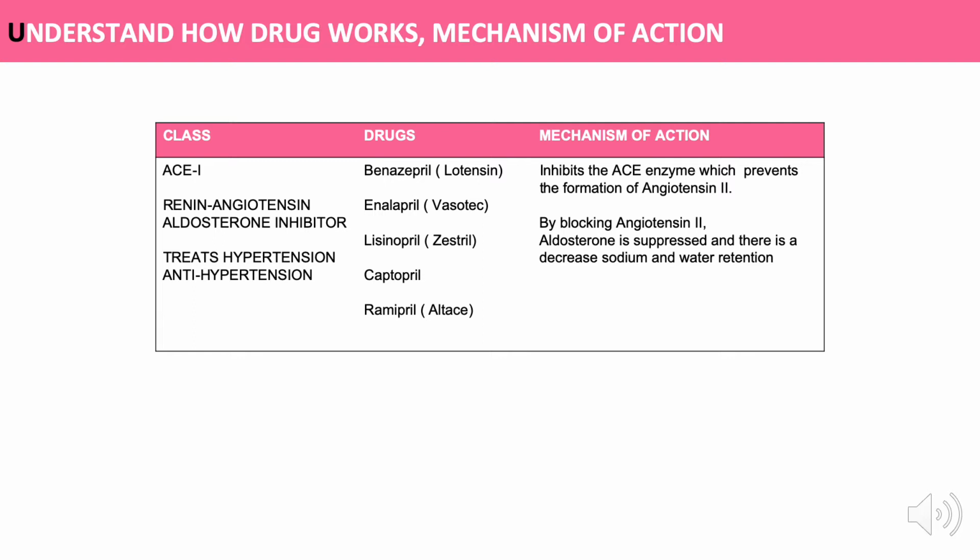So if aldosterone is suppressed, then we're going to see a decrease in sodium and a decrease in water retention. And this makes sense because if we're going to lower sodium and water, we're going to lower the blood pressure. So this is why we use this medication to treat hypertension, and it is an antihypertensive.